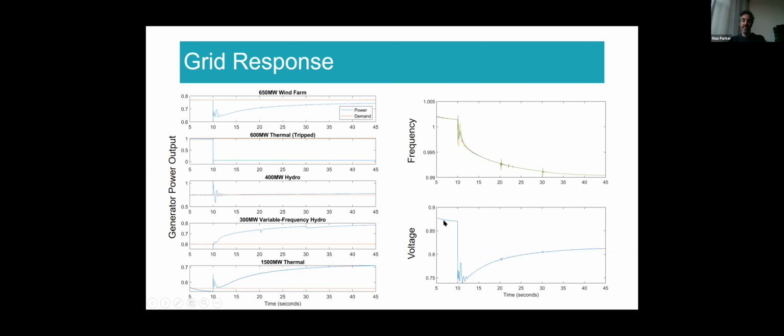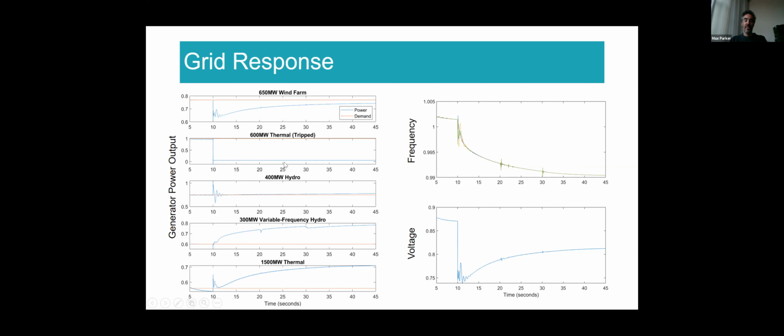And you get quite a big voltage dip because a lot of these plants are not providing the voltage support like they should do. I haven't set them up right. Interesting consequences: you get this voltage dip, and that limits the power output that the wind farm can provide. The wind farm gets very confused with that. So again, something to look into.